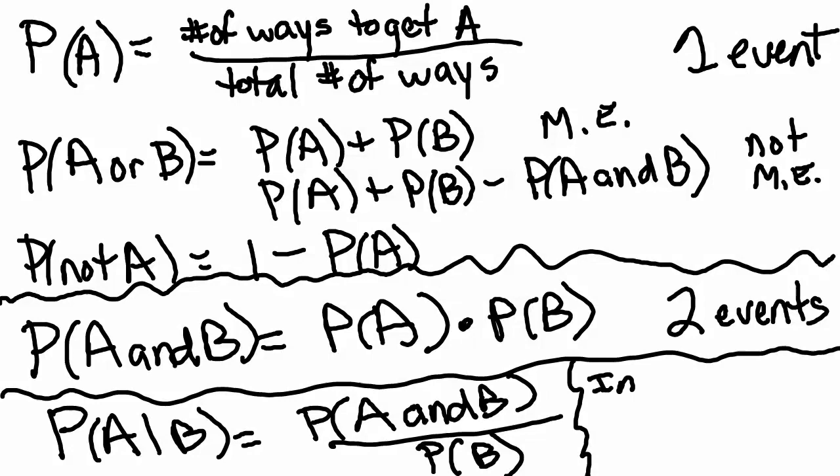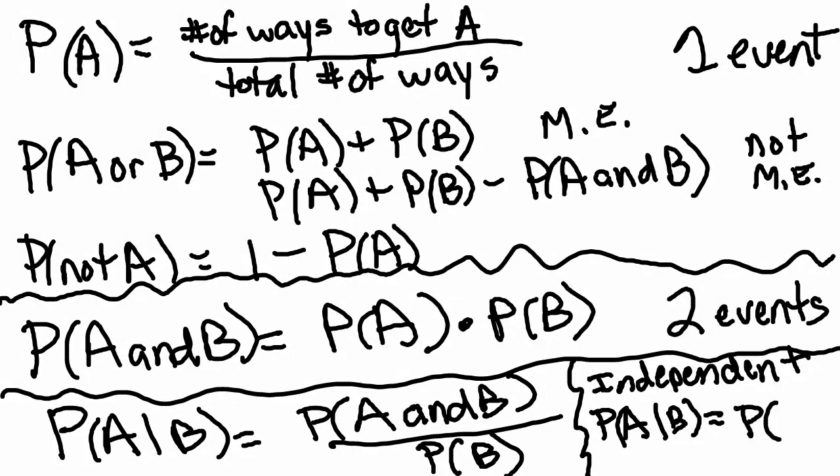Independent, let me squeeze that in here. Definition of independent is if the probability of A given B is the same as probability of A. That means B has no effect on what happens to A. If those two are equal, then B doesn't matter.